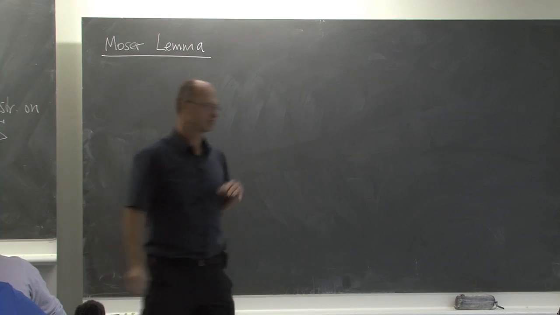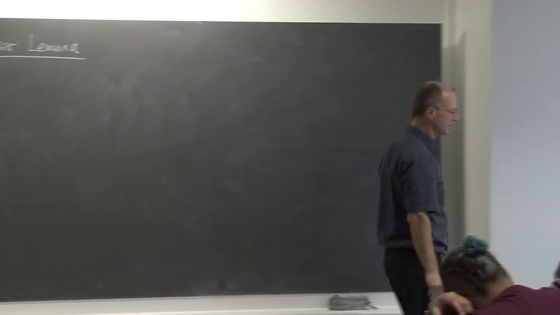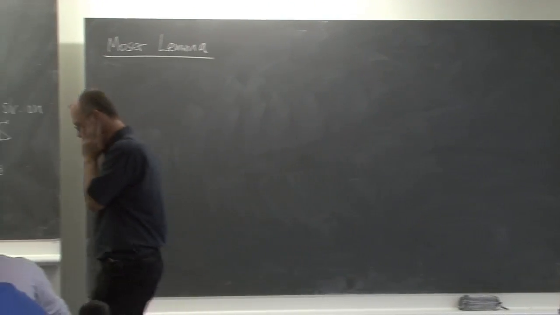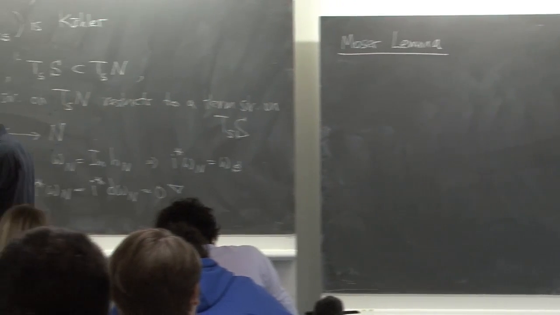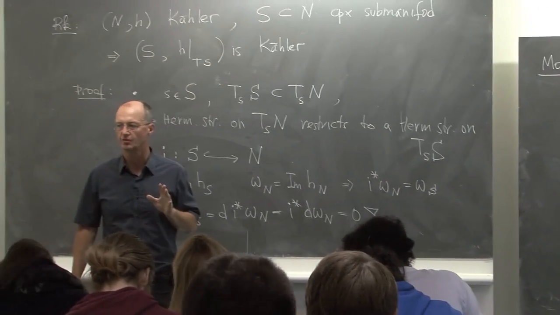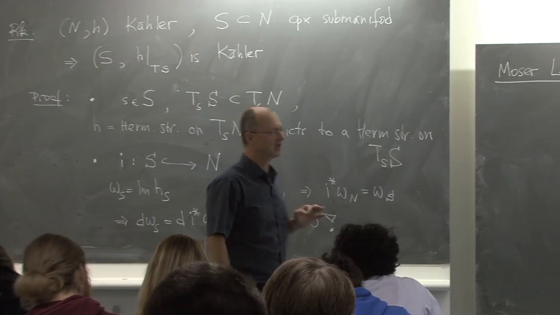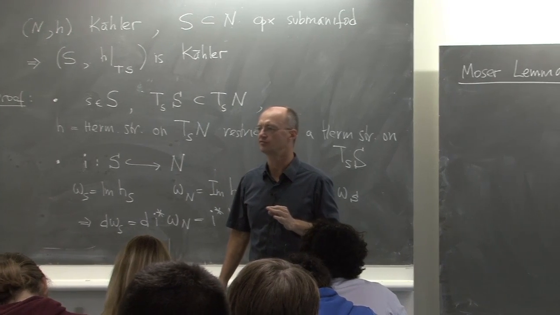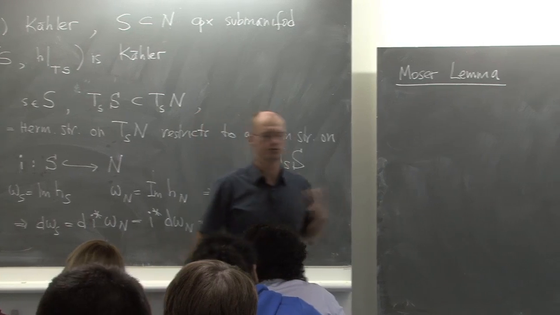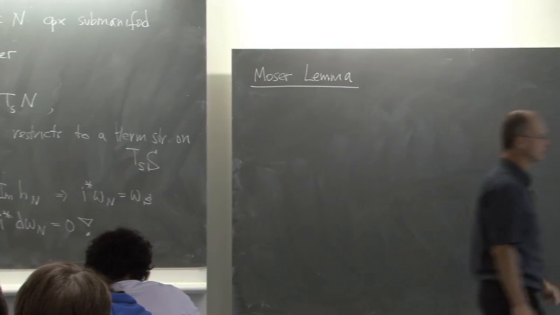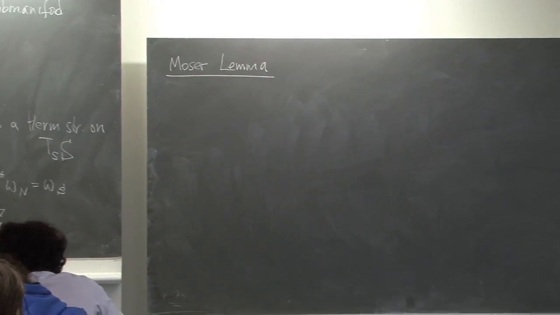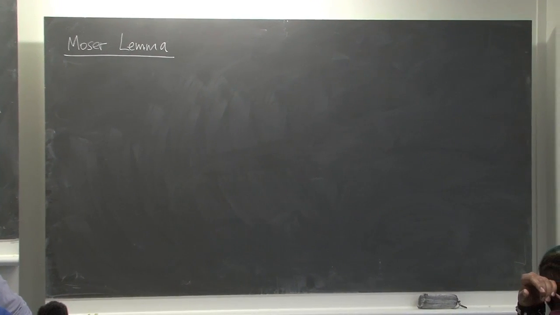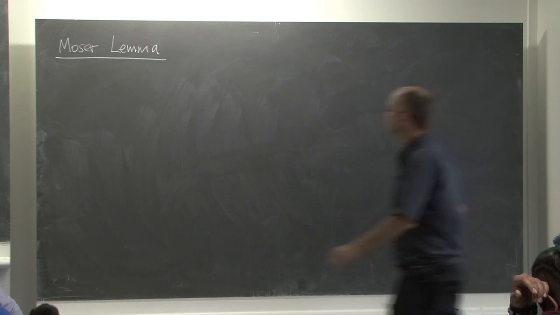We're going to use it many times today and later on. There are various formulations of the Moser lemma, and I'll choose a rather honest and maybe not a very beautiful formulation. But then we'll see how it's adapted to various situations. So let me put it in the following way.